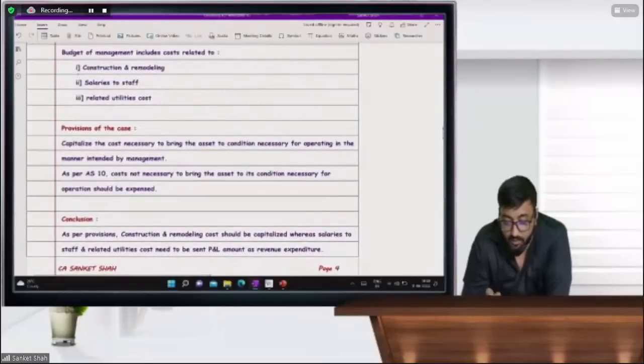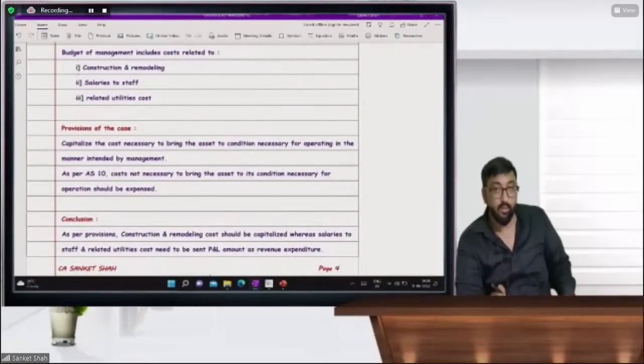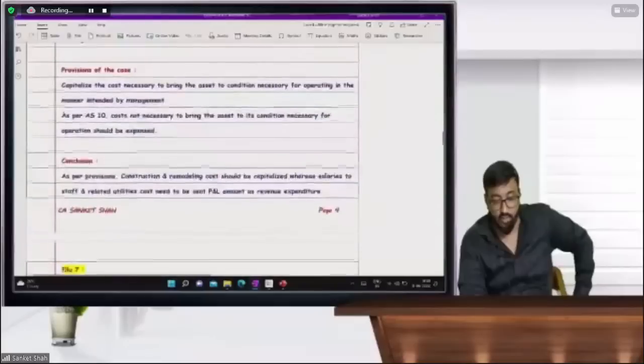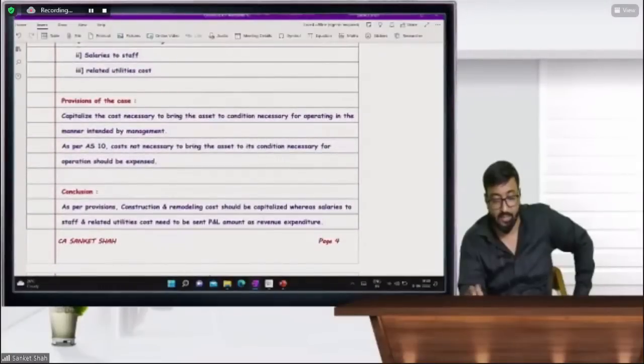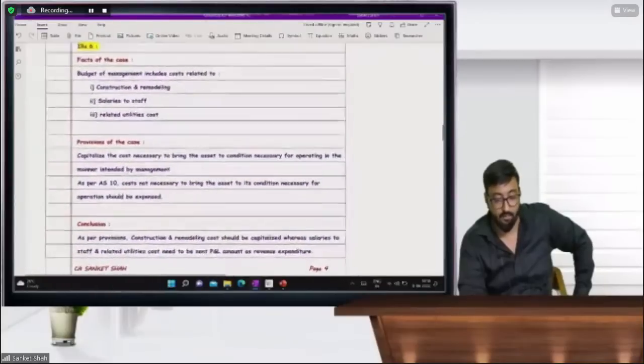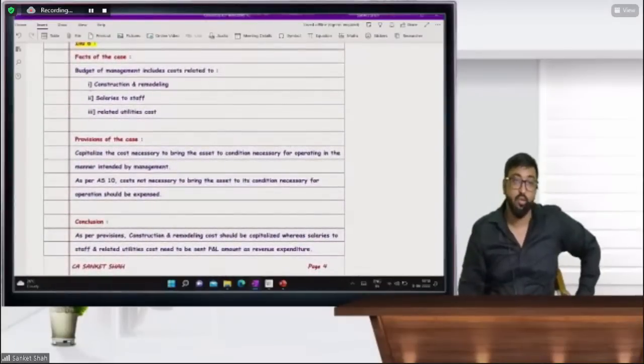Capitalization of the cost is necessary to bring the asset to the condition necessary for operating. As per AS 10, costs that are not necessary to bring the asset to its condition necessary for operation should be expensed. So only construction and remodeling should be capitalized and other costs will be debited to the profit and loss account. So it's very simple, my friends. Illustration number 6, you can take a screenshot.